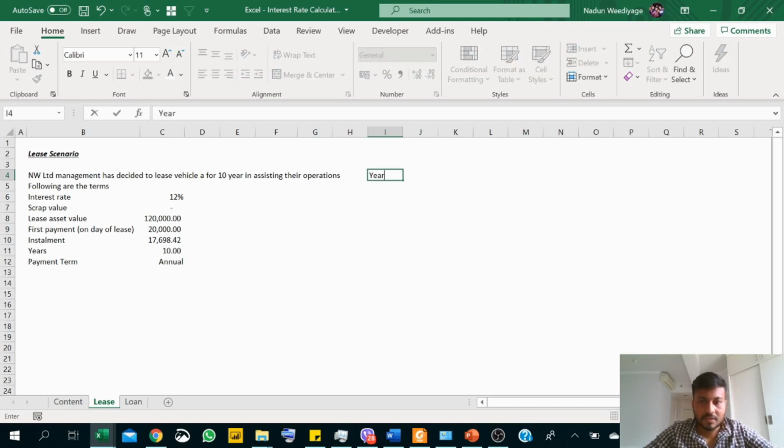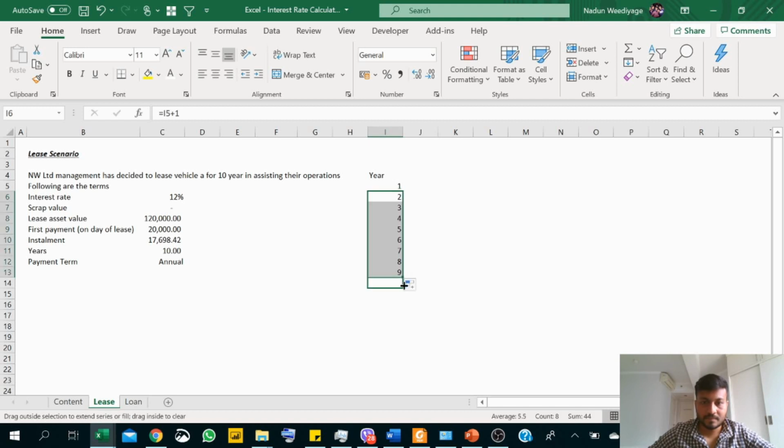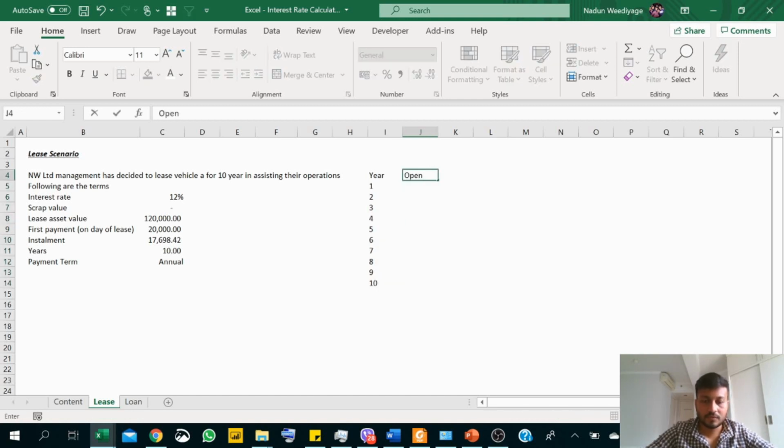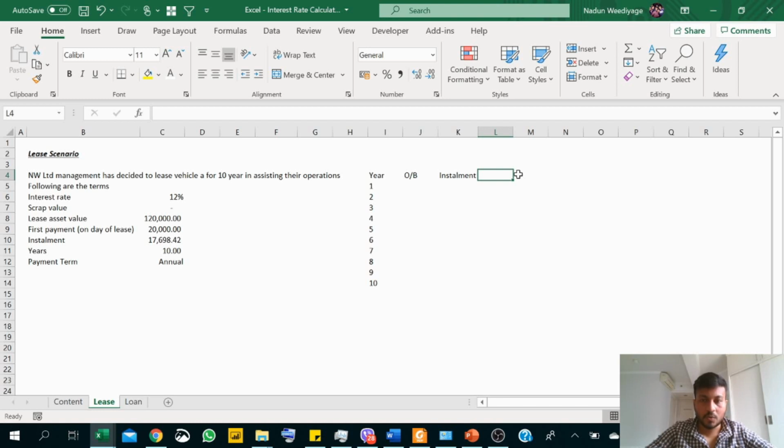Let's quickly have a table with years, 1 to 10, then the opening balance of your lease term, the installment, and then you have to mention how much is your interest component, how much is your principal component, and what is the closing balance.